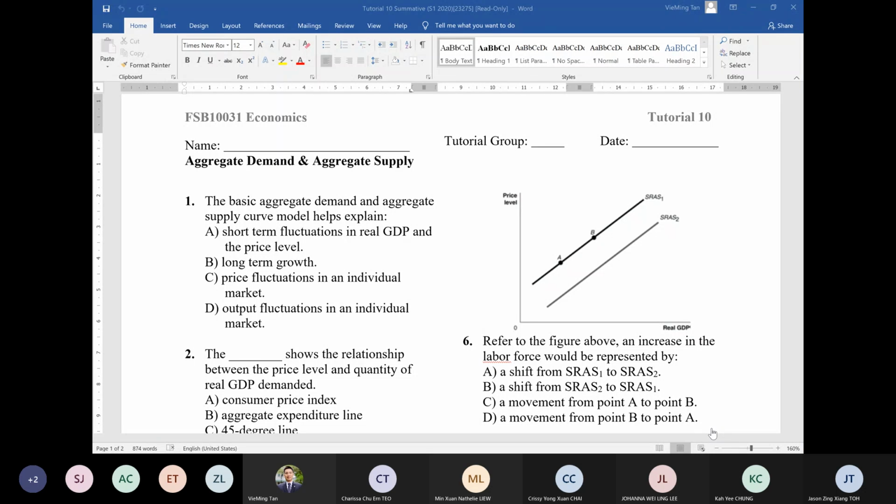Okay, so let us analyze the question together. This one is basic, right? The aggregate demand and aggregate supply curve help explain what? So what is the answer?